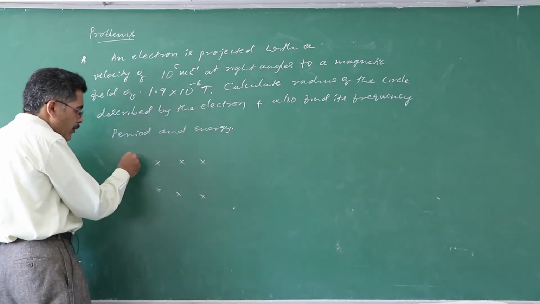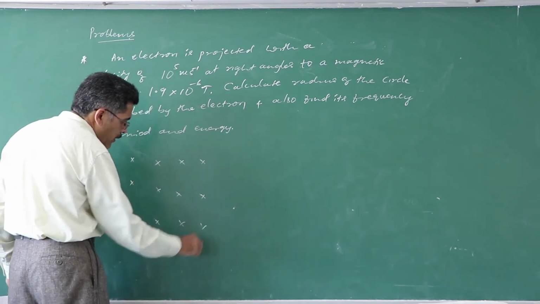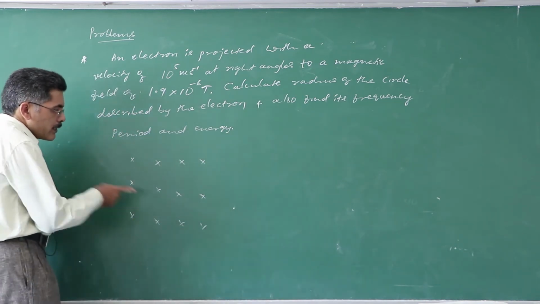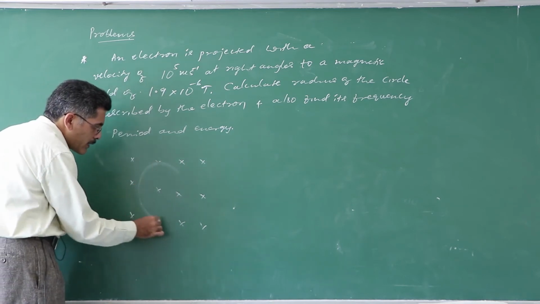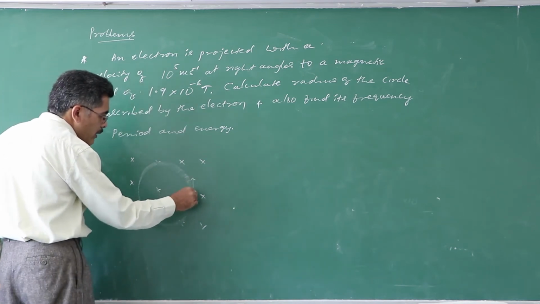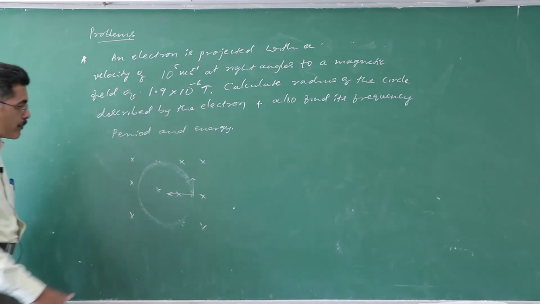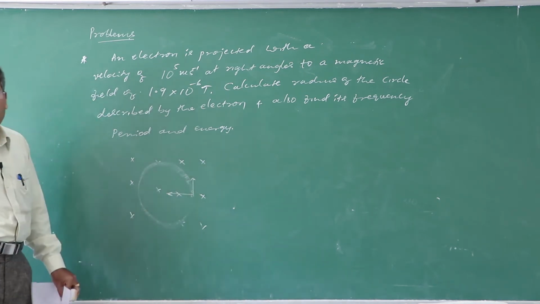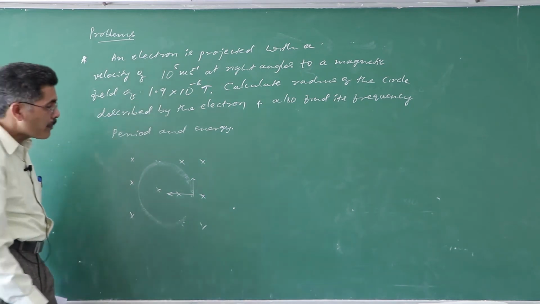It is perpendicular to the plane of the board and directed into the board. So when an electron enters like this, it experiences a maximum force and starts moving along a circular path. So you know that it experiences a centripetal force. The Lorentz, the magnetic force provides the necessary centripetal force.